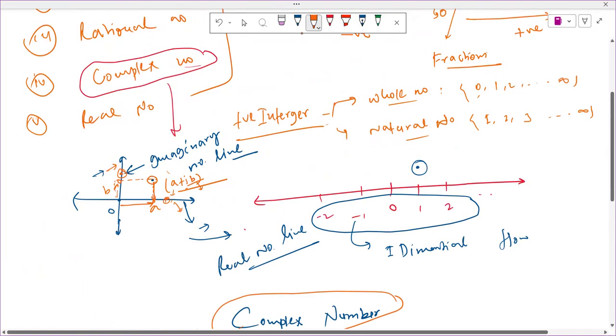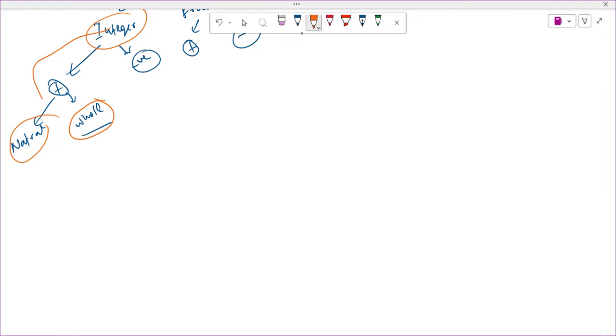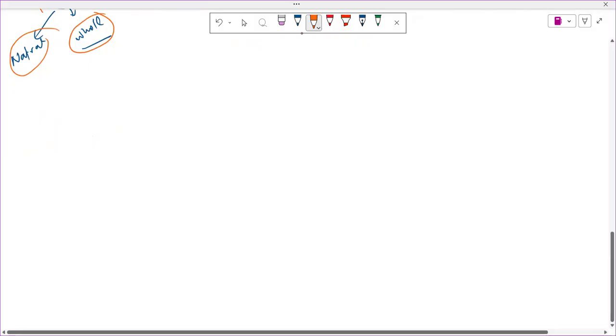Yeah, let's say this is part one of understanding the representation of numbers, or how the number system has been developed or divided. Next, let's say we have a number.